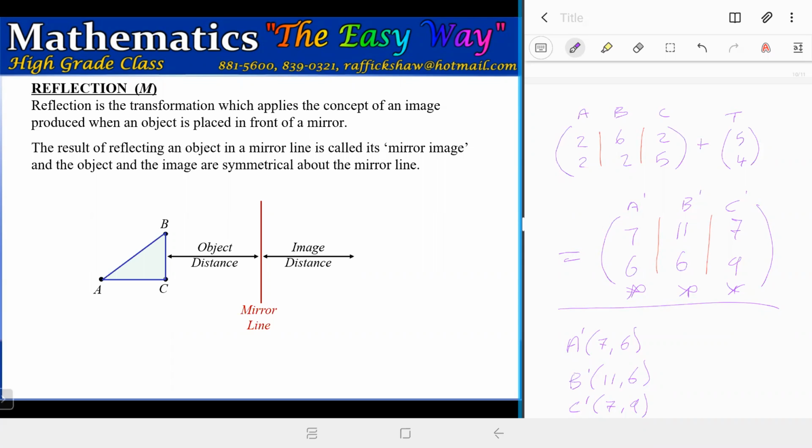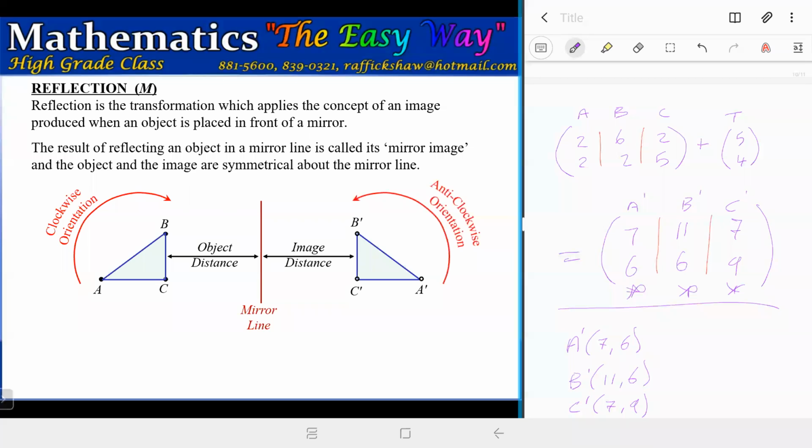B and C are the same distance, closer, so B and C on the image side are also going to be closer. So the image is going to look like that. And if you observe, the orientation is reversed. Look at the object: ABC is clockwise. If you look at the image, ABC is anti-clockwise.